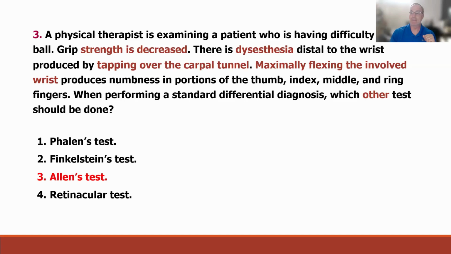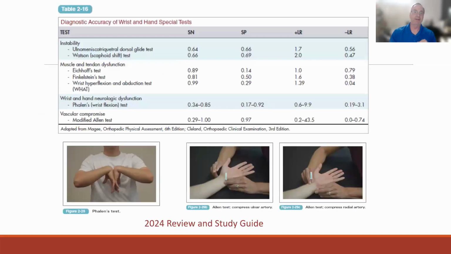All right. So here are some of those special tests. This is from our review and study guide. I suspect a number of you have our review and study guide, and some of the special tests that we just talked about are summarized here. The authors of the musculoskeletal chapter, Brad Traeger and Mike Crowell, put together a number of really nice summary tables.